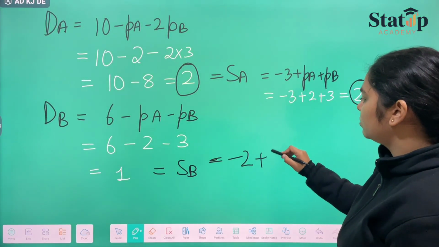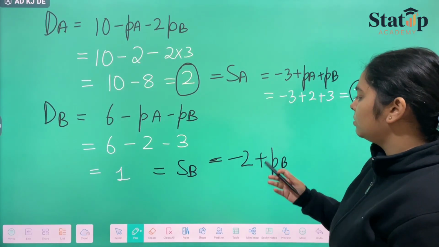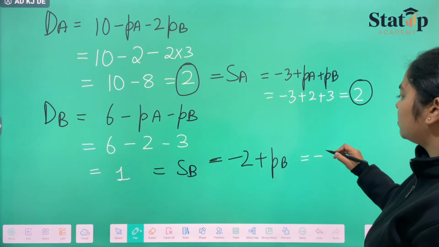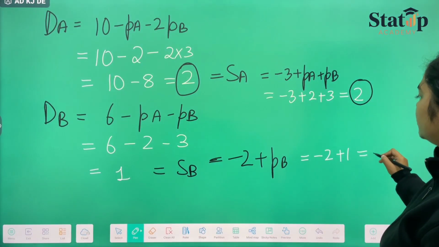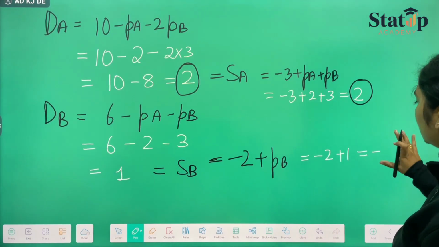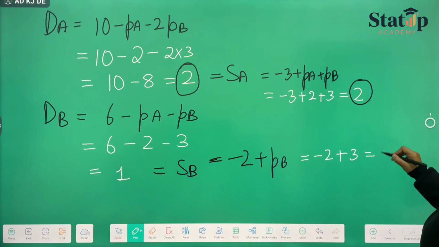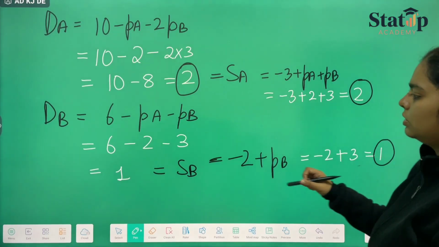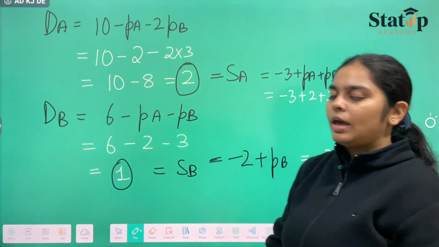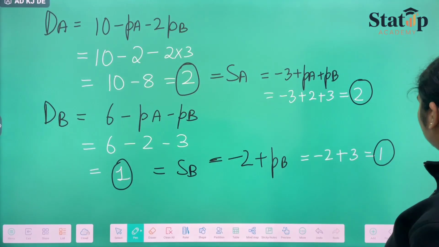PB is 3, so minus 2 plus 3, which equals 1. Hence we can check that these two are coming equal, and hence our question is solved.